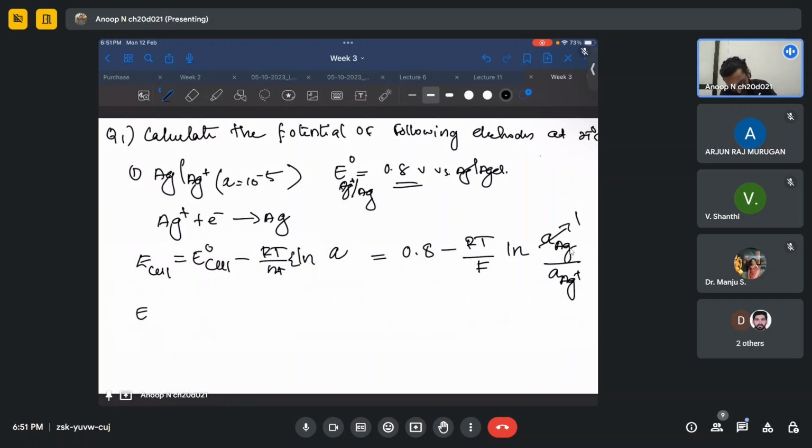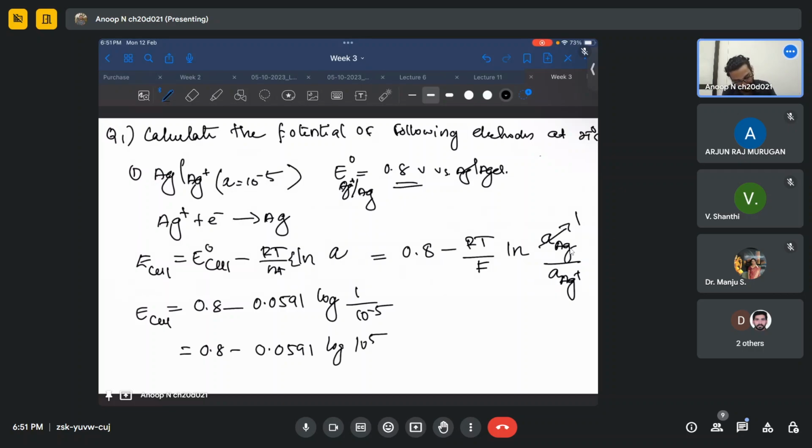I will convert ln into log, so I can write E is equal to 0.8 minus 0.0591 log of 1 by 10 raised to minus 5, which can be rewritten as 0.8 minus 0.0591 log of 10 raised to 5.